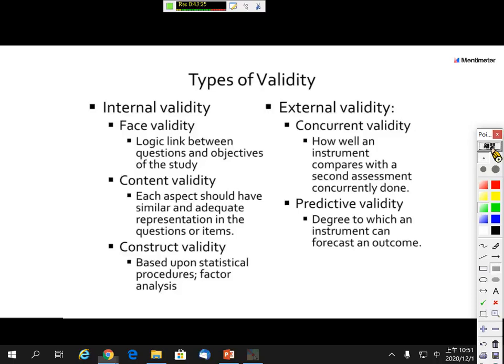So basically, when we conduct our research, we try our best, but we seldom elaborate how we are going to secure our external validity. We seldom talk about that because it's something beyond our control. But at least we will talk about internal validity.